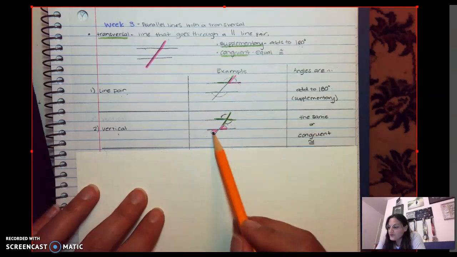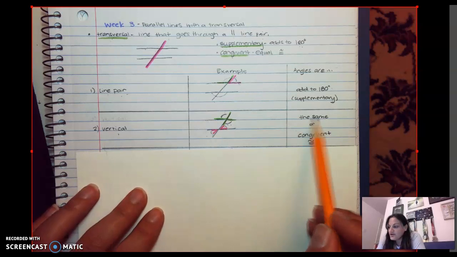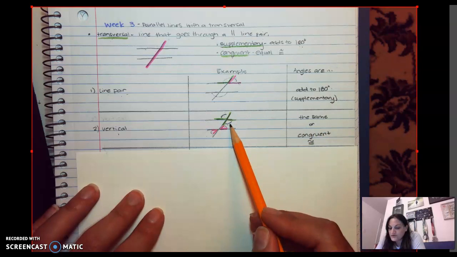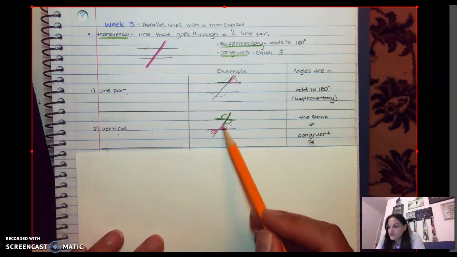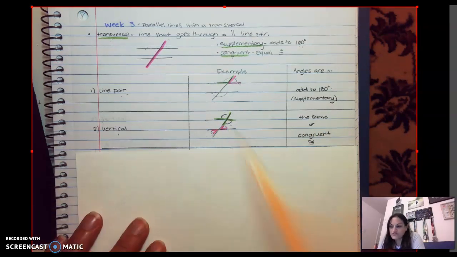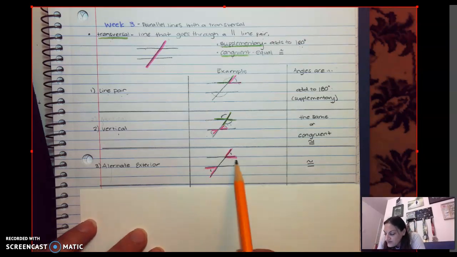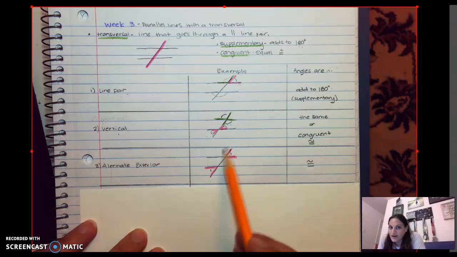Okay, so vertical angles are always going to be equal to each other or congruent. So these two angles here are equal to each other, and these two pink angles here are equal to each other. All right, next guy, alternate exterior angles. If you look at your parallel lines, these are exterior or outside of the parallel lines.